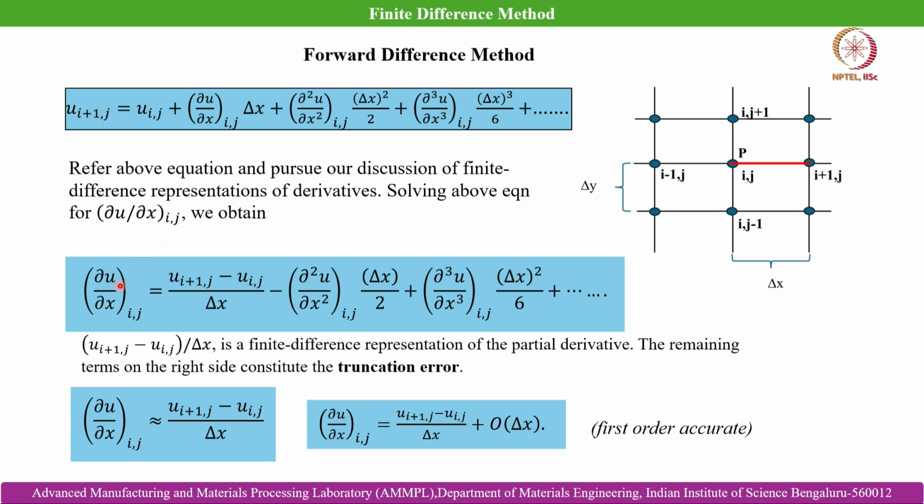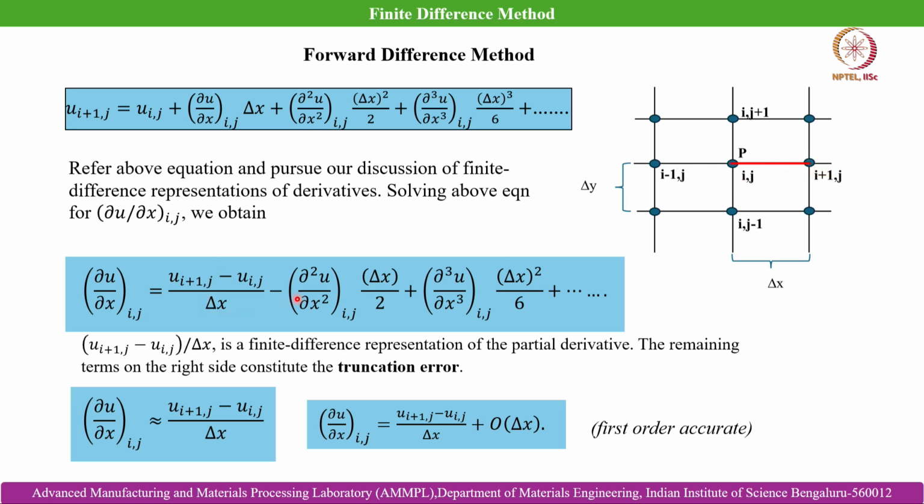So del u del x at i, j can be expressed in terms of u i plus 1, j minus u i, j, the value of the primary variable at the nodal point P, divided by delta x, that is the distance between the point i plus 1, j and the point i, j.